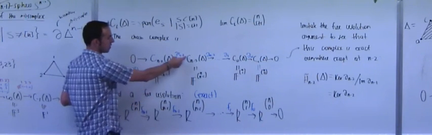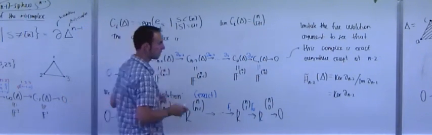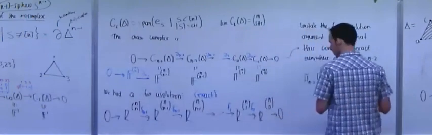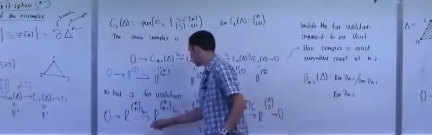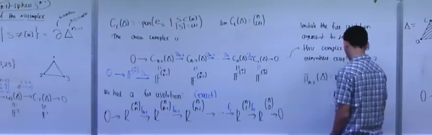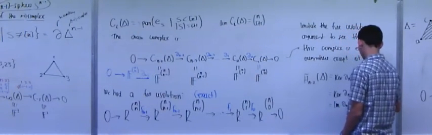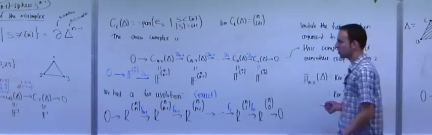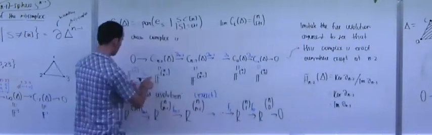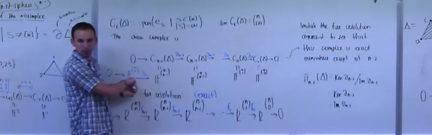And that means that the kernel of delta n minus 2 is going to be the image of delta n minus 1. And the image of delta n minus 1 is just the boundary of this guy.